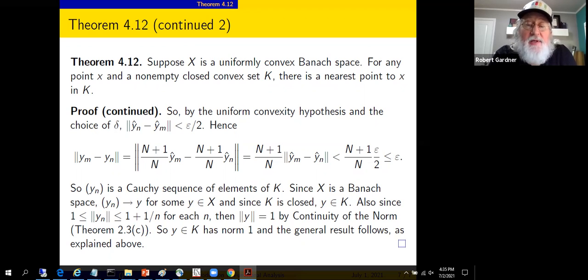That can be translated back and scaled back to give us a point in the original set K that's closest to the original vector lowercase x. We solved the scaled problem by finding a vector of norm 1. The normalization let us look for that. And that's how we get the solution to the scaled problem, and then it can always be scaled back to give a solution to the original statement.